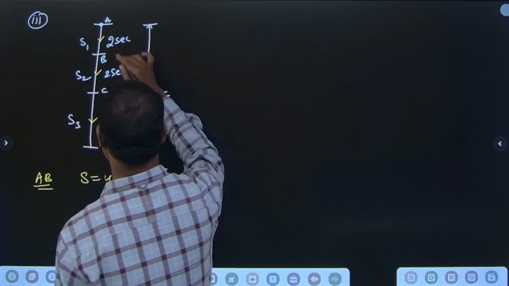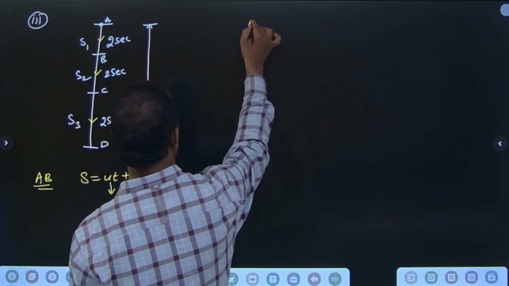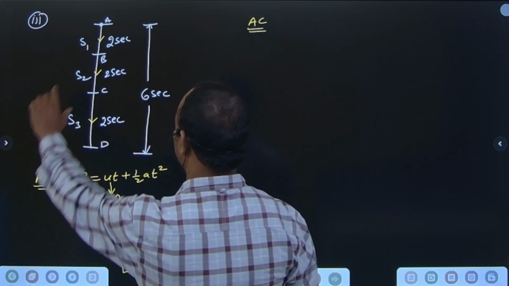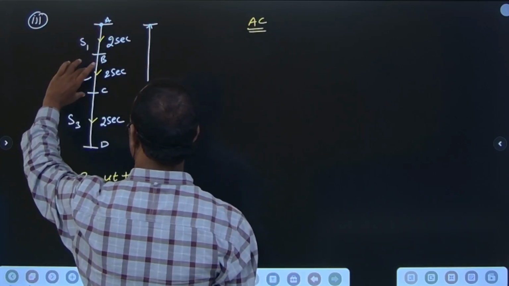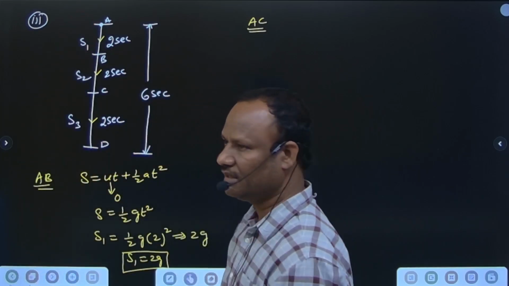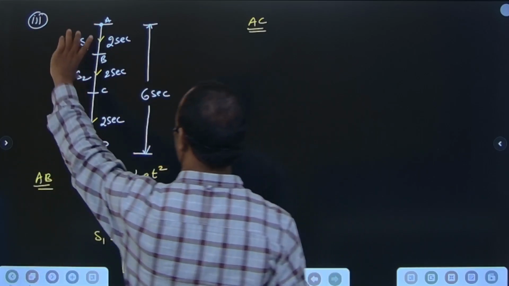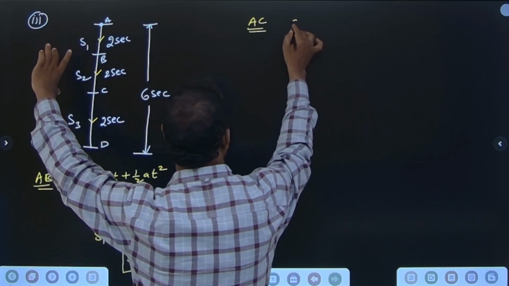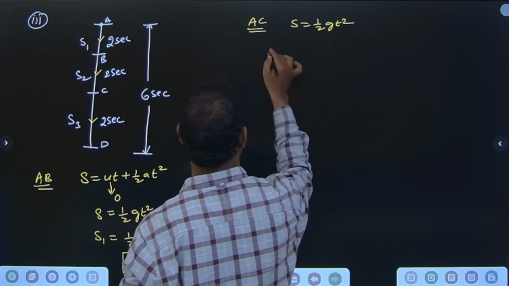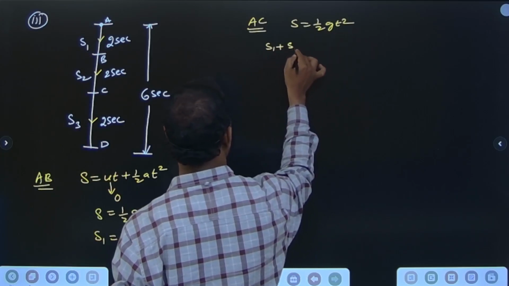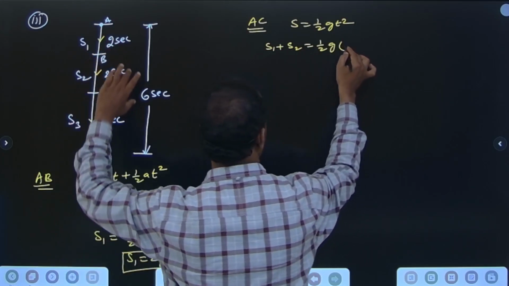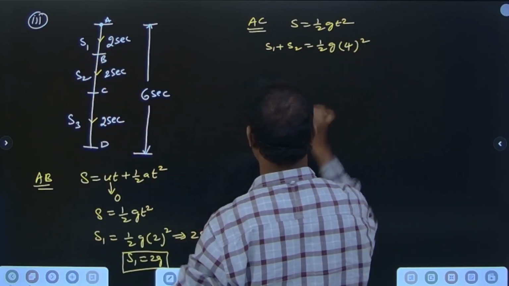Next one I'm talking about S2. I should go for AC. AC is AB plus BC, and AB is already with you, S1, which can be substituted. For AC, what is the condition? S is equal to half gt square. S1 plus S2 is equal to half g, 2 plus 2, which is 4 square.